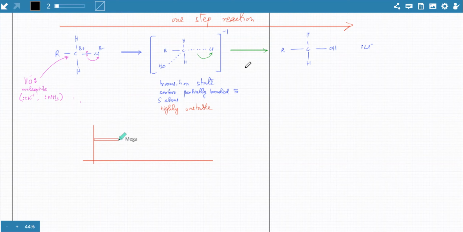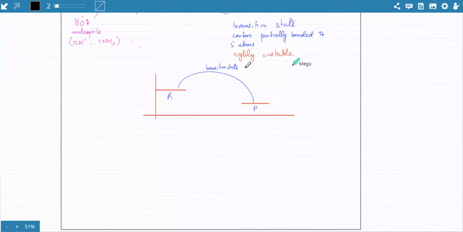Whether it's exothermic or endothermic is irrelevant. It's going to be a one-step reaction. So you have reactants and products, and this over here in the middle is your transition state.